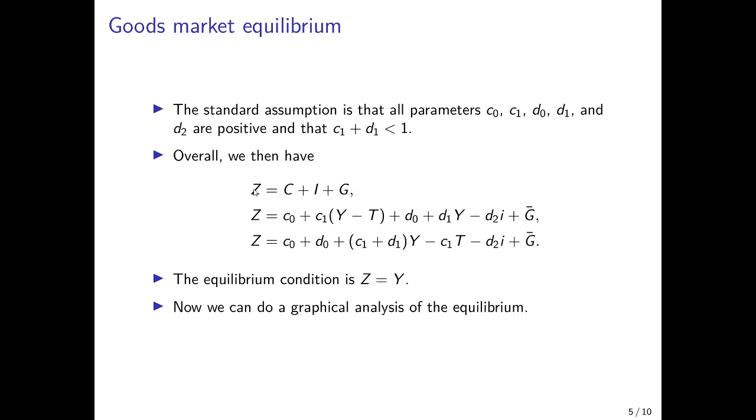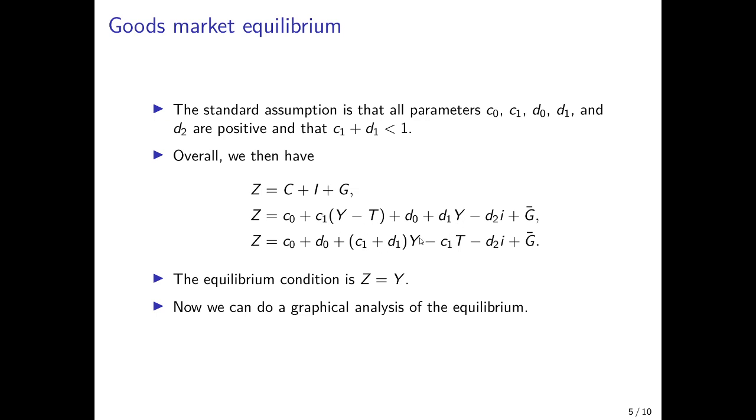Then overall, we have the total demand is given by demand of households, demand of firms, and demand of the government. And we can plug in the linear functions that we've seen on the previous slides. So we plug in the linear consumption function from the previous slide, the linear investment function from the previous slide, and exogenously given government expenditures. And then we see here that income shows up in this term and in this term. So we can summarize the two.